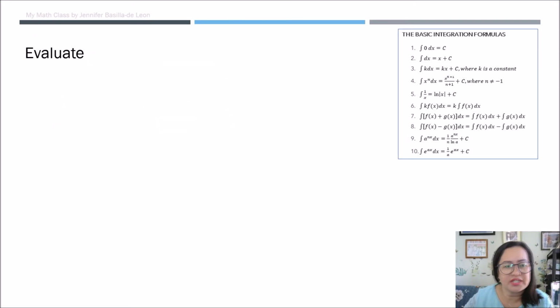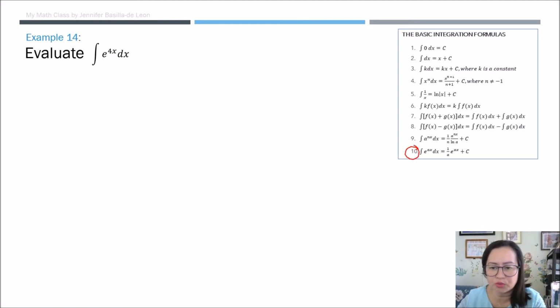Now let's have example number 14. Since in this expression we have the Euler number, we shall use rule number 10, where a is 4. Okay. So let's apply rule number 10.